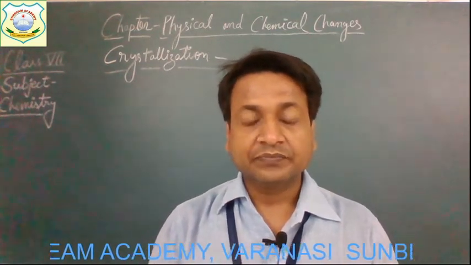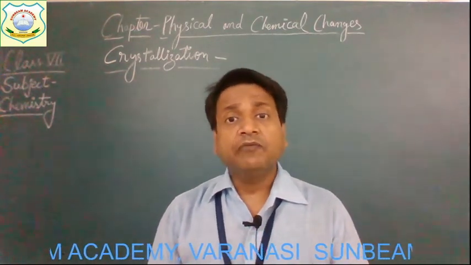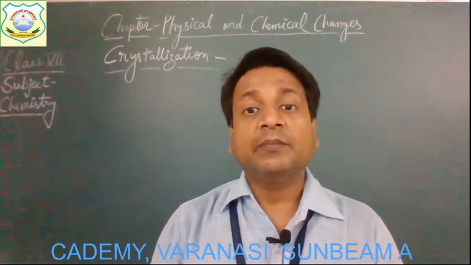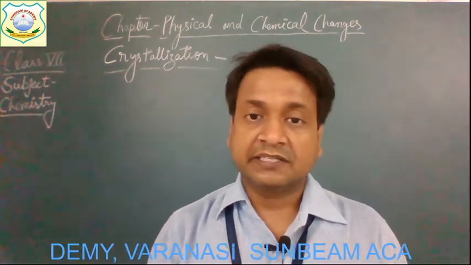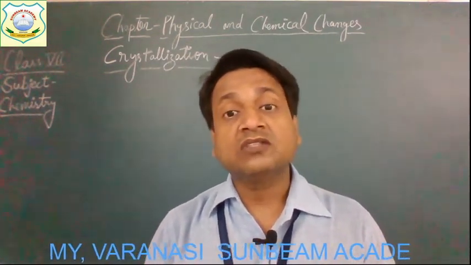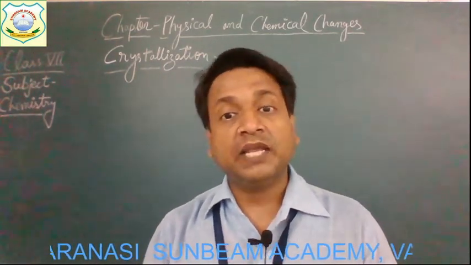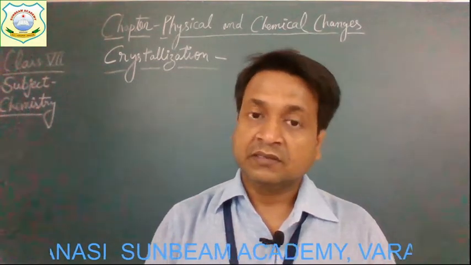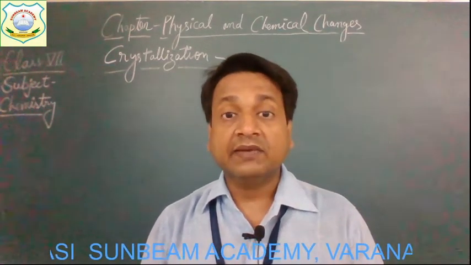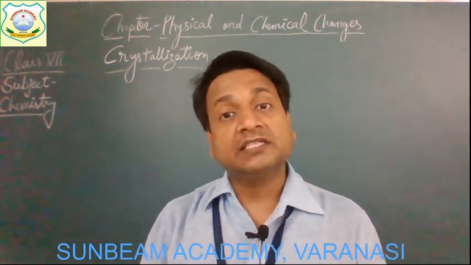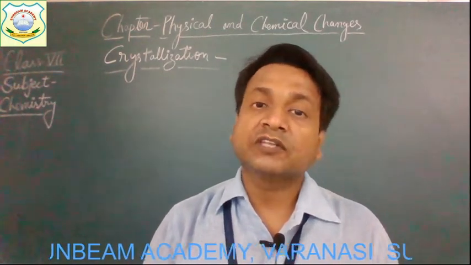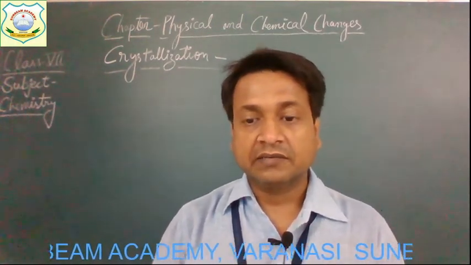Get it, children? Now, we have an activity in the book, activity number 6, and this activity is not part of the activity syllabus. So I'm going to explain this activity, children. In this activity, we are going to explain the process of crystallization.